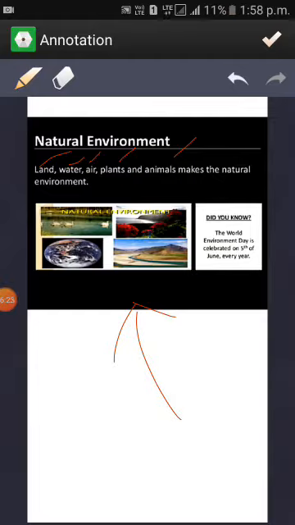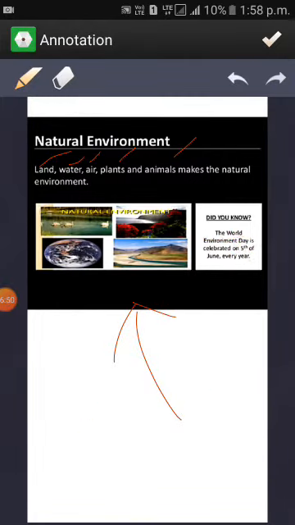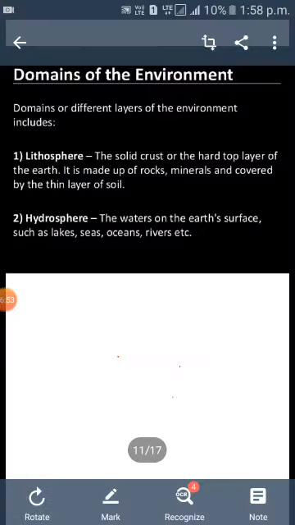Here one thing you should note down is that World Environment Day is celebrated on 5th of June. You should remember such things, as these are often asked in competitive examinations.